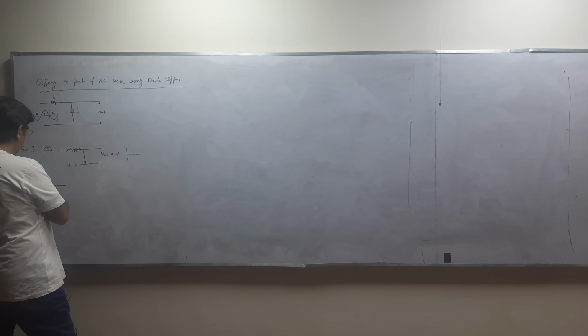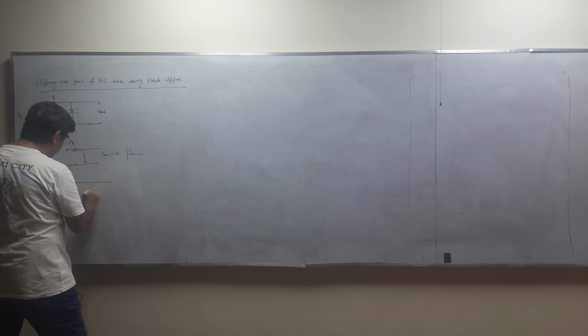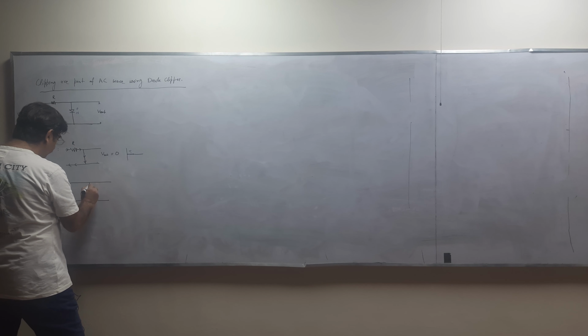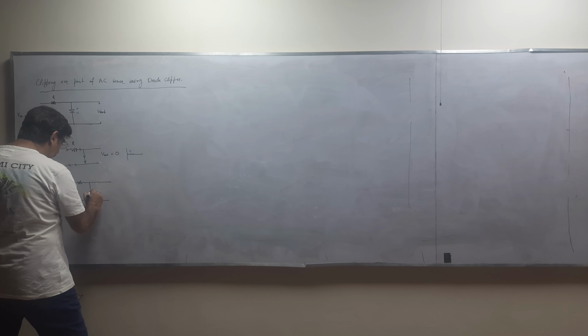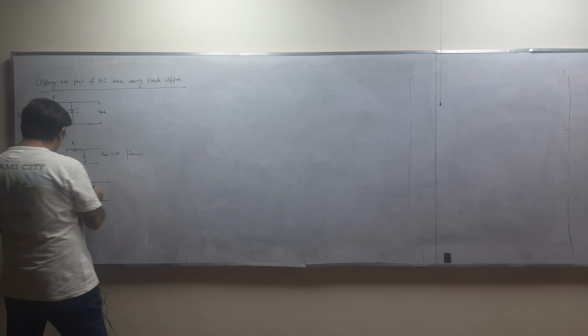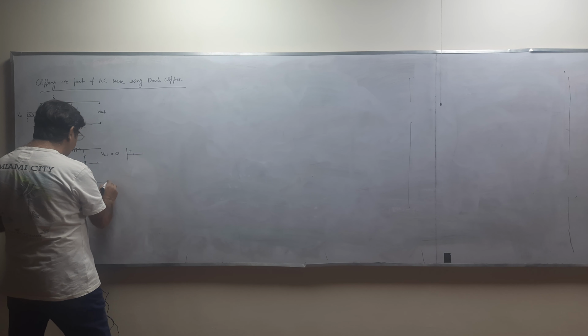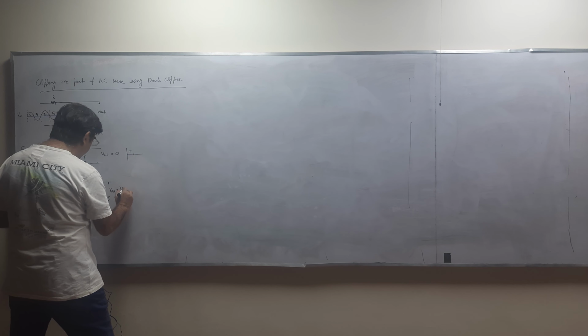So the diode will be treated as open, and this is a resistance. Because it is open, V out will become V in.